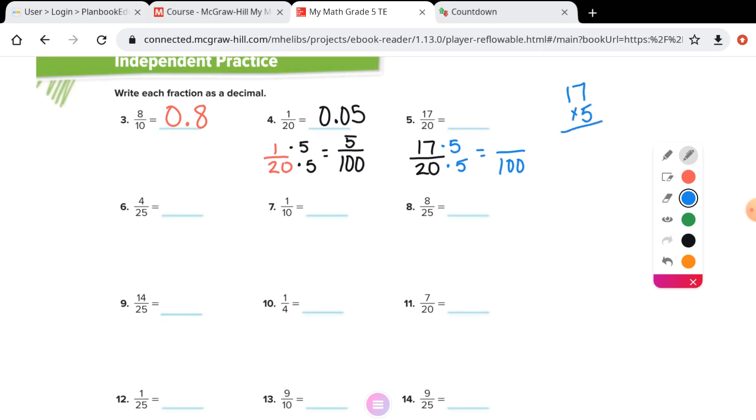What's 7 times 5? 35. 5, I'm going to regroup. 5 times 1? 5 plus 3? 8. So we have 85 over 100. Wyatt, how do I say that fraction properly?